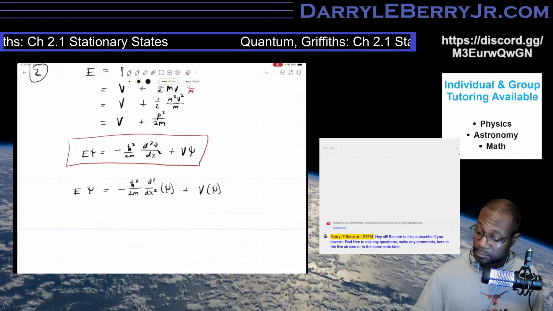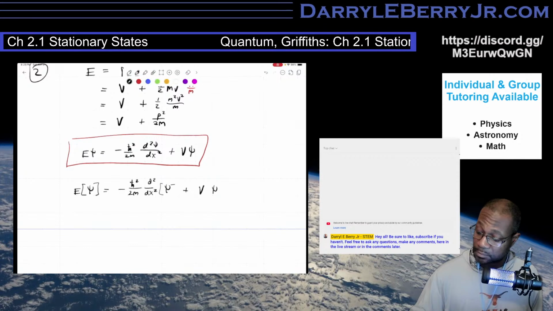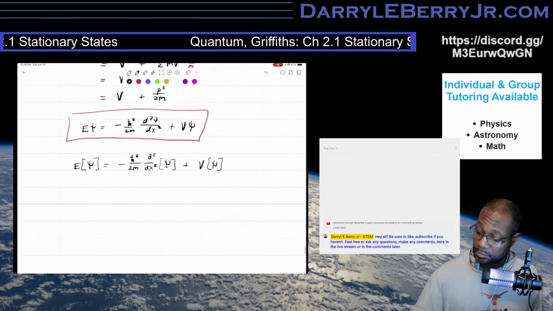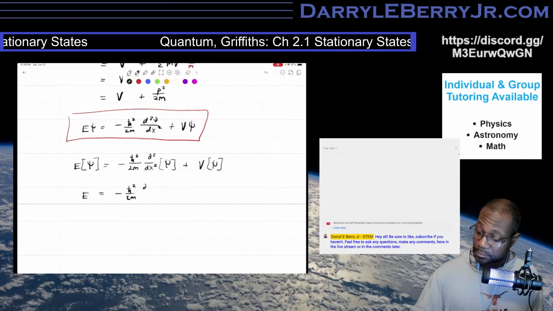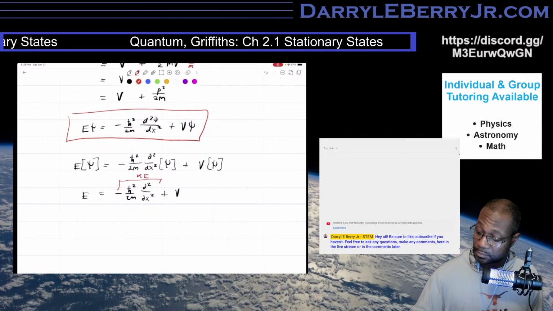Maybe that's not the best bracket to use. Let's use this bracket. As we can see, we have psi on each thing. So if we cancel it outside, we would have E equals negative h bar squared over 2m partial squared plus V. So this then becomes our kinetic energy term. So the total energy equals negative h bar squared over 2m partial x squared plus V.